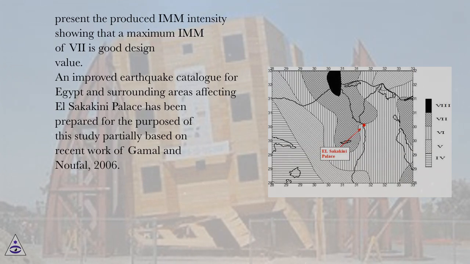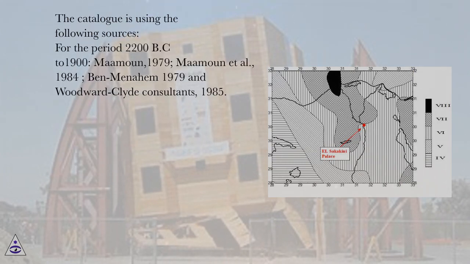An improved earthquake catalog for Egypt and surrounding areas affecting al-Sakakini Palace has been prepared for the purpose of this study, partially based on recent work of Gamal and Nufel, 2006. The catalog is using the following sources. For the period 2200 BC to 1900: Mamoun, 1979, Mamoun et al., 1984, Bin Minahem 1979 and Woodward Clyde Consultants, 1985.